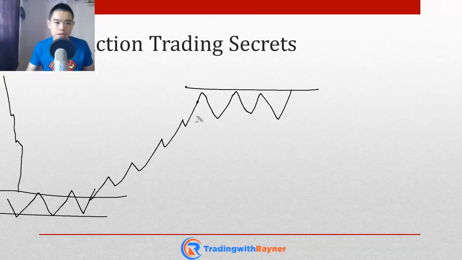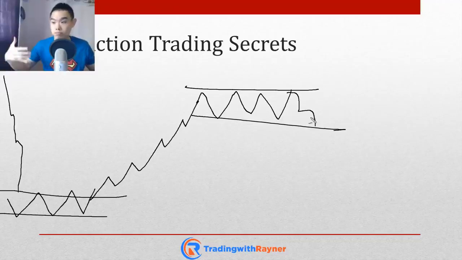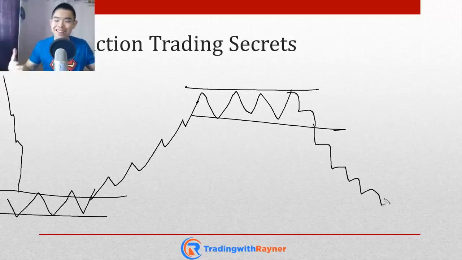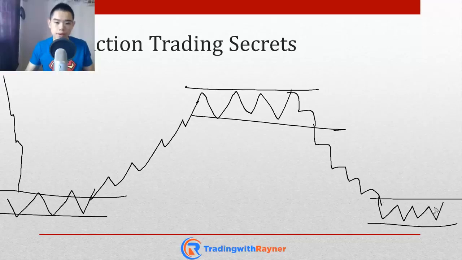Then after the market is in an equilibrium, eventually the market could reverse lower. This is where the sellers take control and push the price down lower. And the market doesn't go down forever. Eventually, you find a level of equilibrium before the buyers take control and push the price back up higher once again. So it goes into an equilibrium and then breaks up higher.